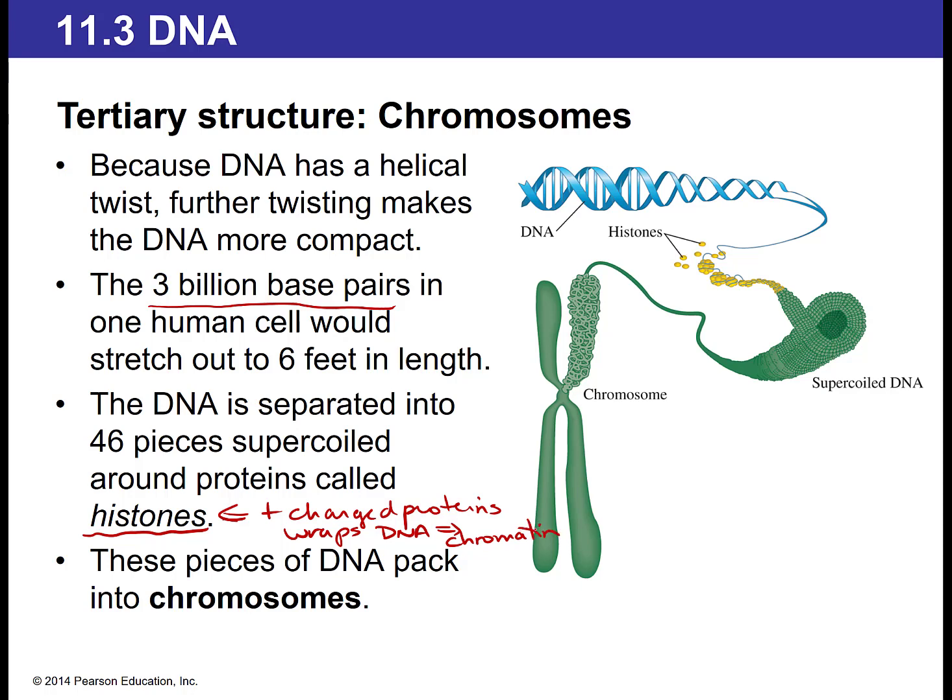So chromatin in the cell is this loosely packed DNA, wrapped around these histones, because that's going to help to keep it from getting twisted, getting knotted, and torn.